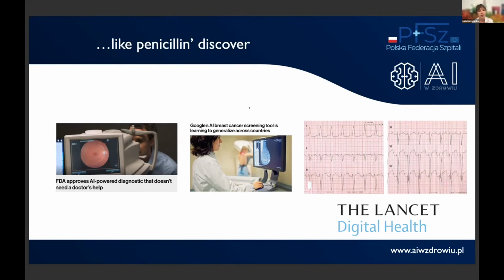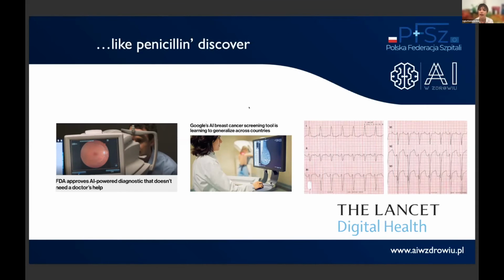And I am always asked if AI will be used instead of, for example, medical doctor visits. And I always say no, but actually 4 years ago, that was the first AI algorithm that was accepted in the United States that actually could diagnose a patient without the medical doctor.